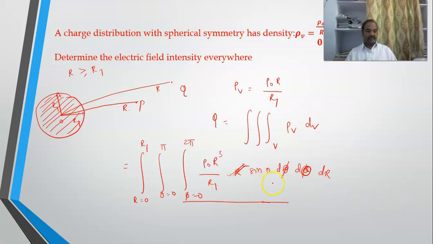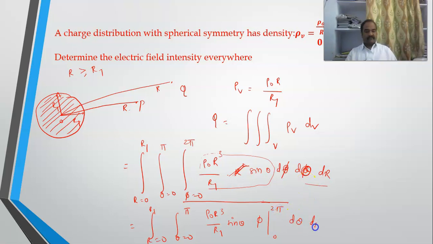So what I will be getting is only phi, and its value will be varying from 0 to 2 pi. So the remaining two terms will remain here itself. So what is the answer of this one? The answer is here, it is 2 pi only. So I will write it here.